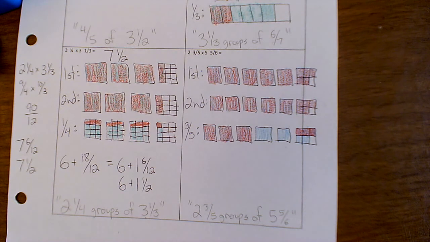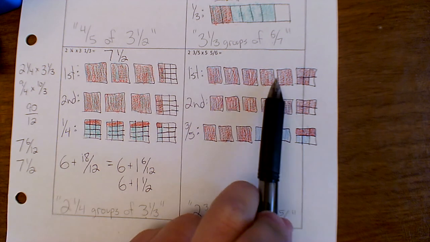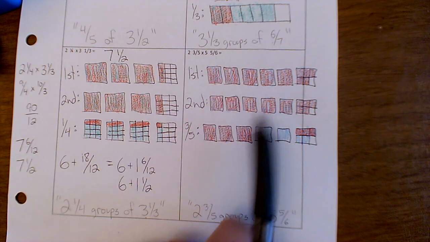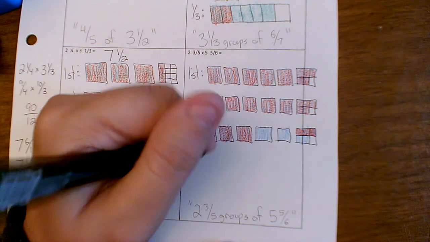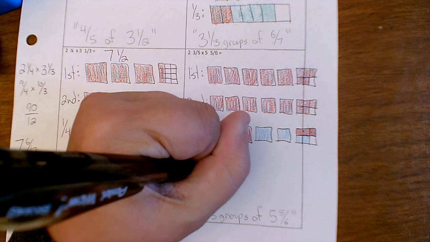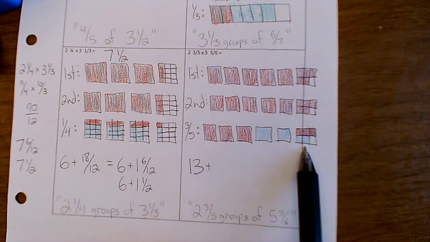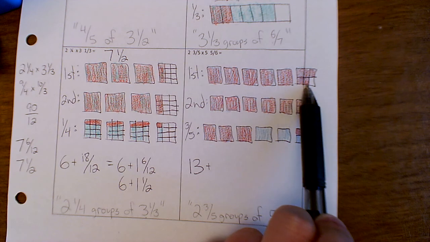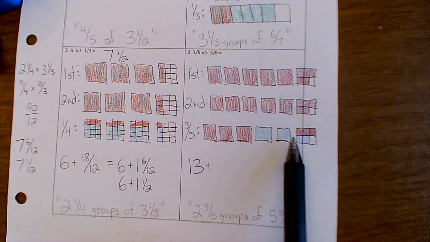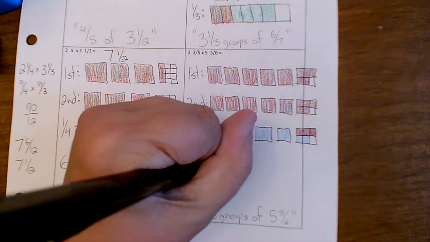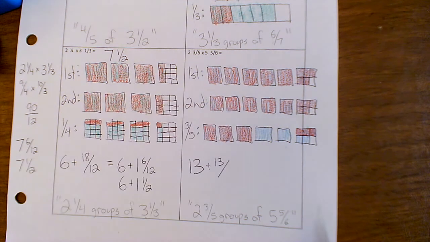Okay. So then if we go to get the answer, we have 1, 2, 3, 4, 5, 6, 7, 8, 9, 10, 11, 12, 13 rectangles. And then we have the sixths hanging out over here. So we have 3, 4, 5, 6, 7, 8, 9, 10, 11, 12, 13 of those pieces.